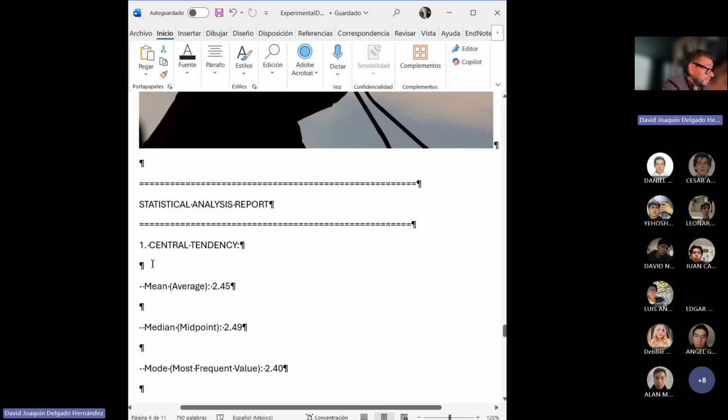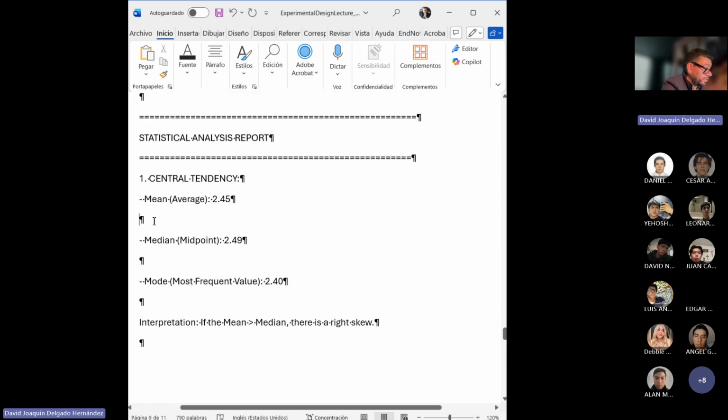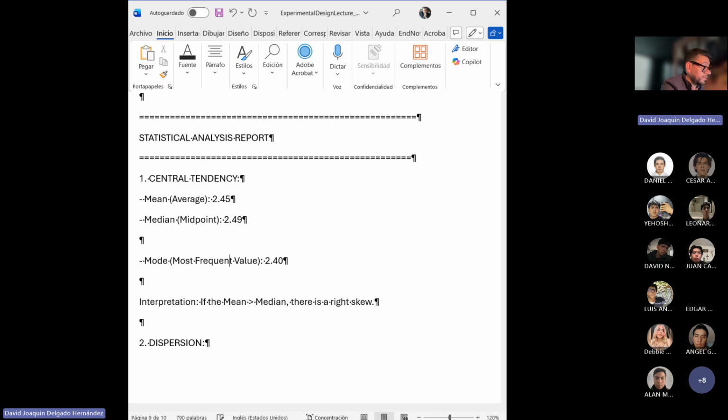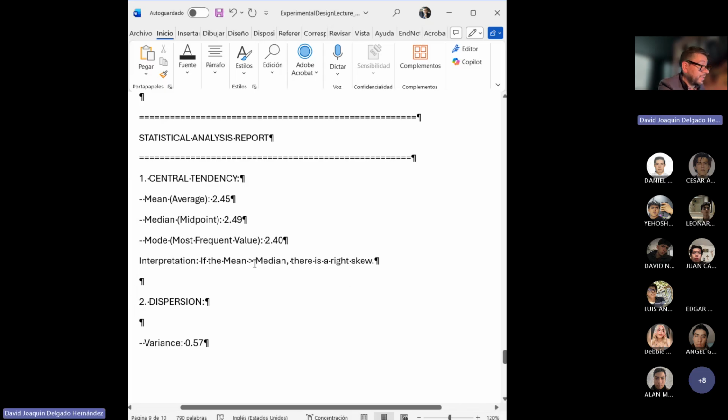Well, let us see at the analysis. So the central tendency, you have the mean value of 2.45 and the median value of 2.49, and the mode in this case corresponds to 2.40, and interpretation. Okay, if the mean is greater than the median, there is a right skew. This is not true in this case. Look, the mean is not greater than the median.